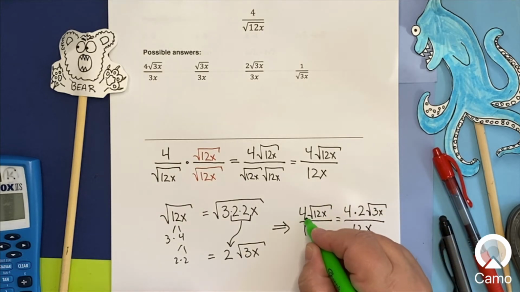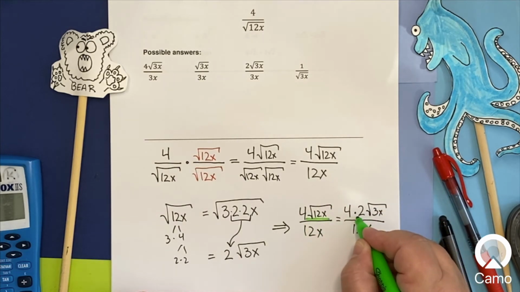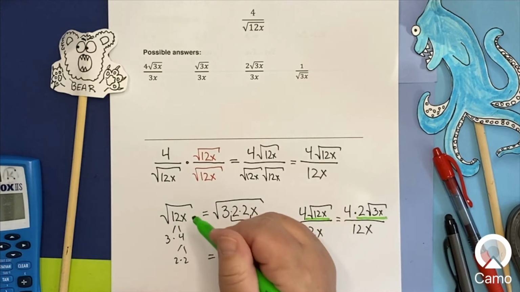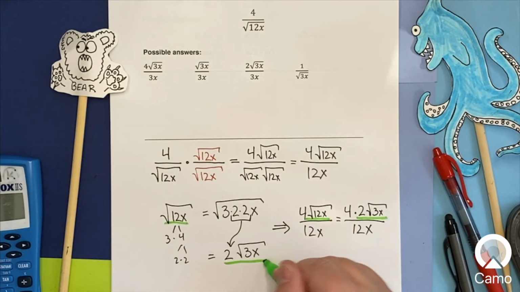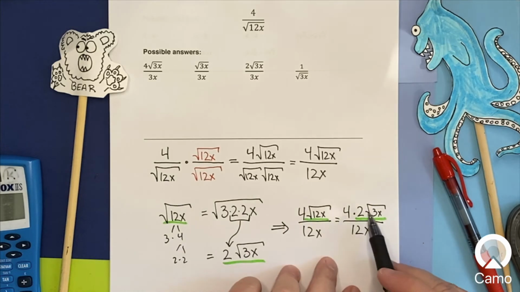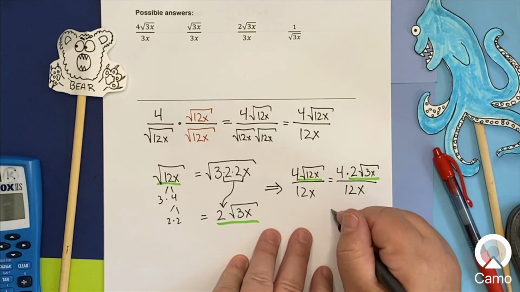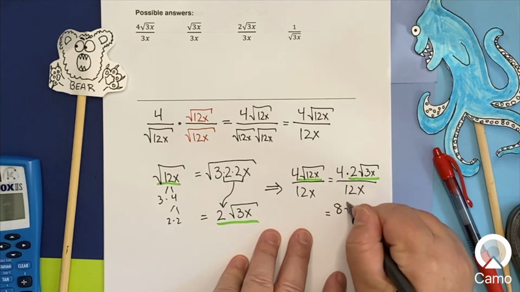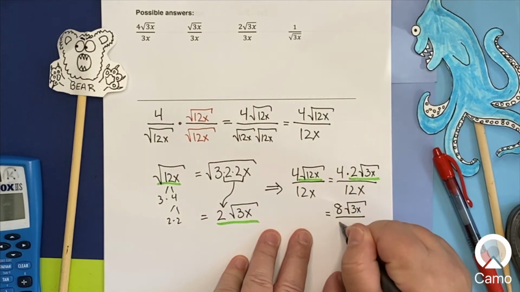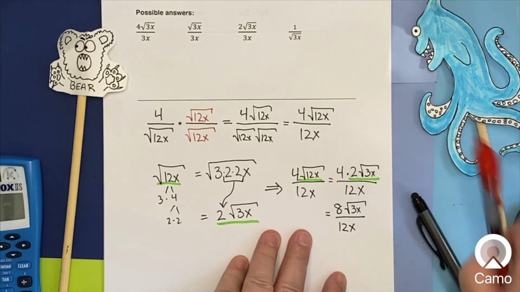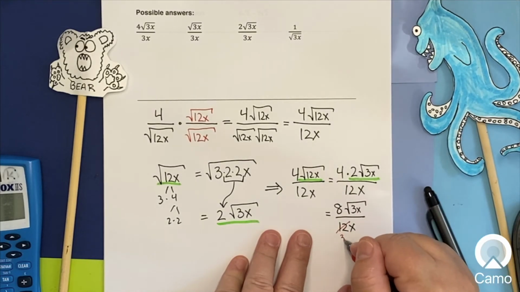So this right there is this. Right there, that is that. You see that? So now if we look here, I got a whack ton of stuff that needs to be reduced, right? Because up top, I've got 8 radical 3x, and down on the bottom, I've got 12x. I can reduce this by 4s.